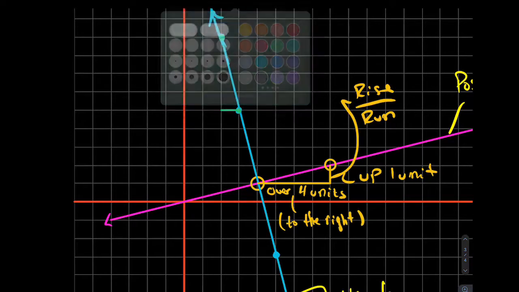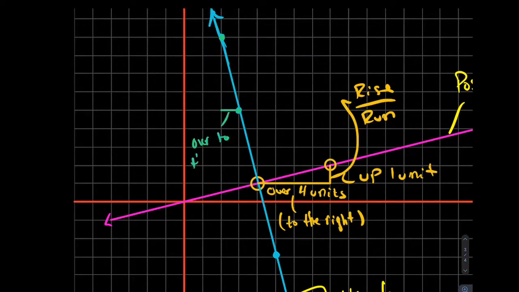Our blue one's going over to the left 1 unit and up 4 units, right? 1, 2, 3, 4. And you might be able to see where I'm going with this. It's doing the opposite here, right? Instead of going up 1 unit, it's going up 4 units. And instead of going over 4 units, it's going over to the left 1 unit. So it's going in the opposite direction. It's taking the 4 units that it was going for its run, and it's actually doing that on its going up.